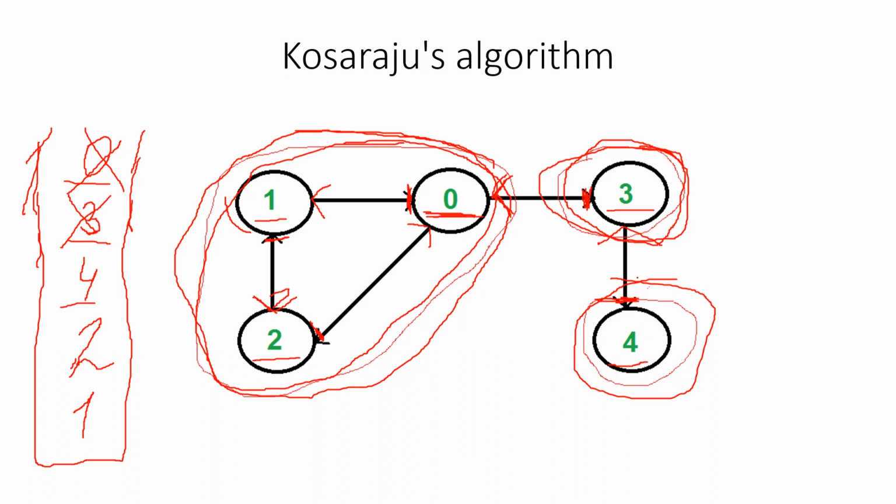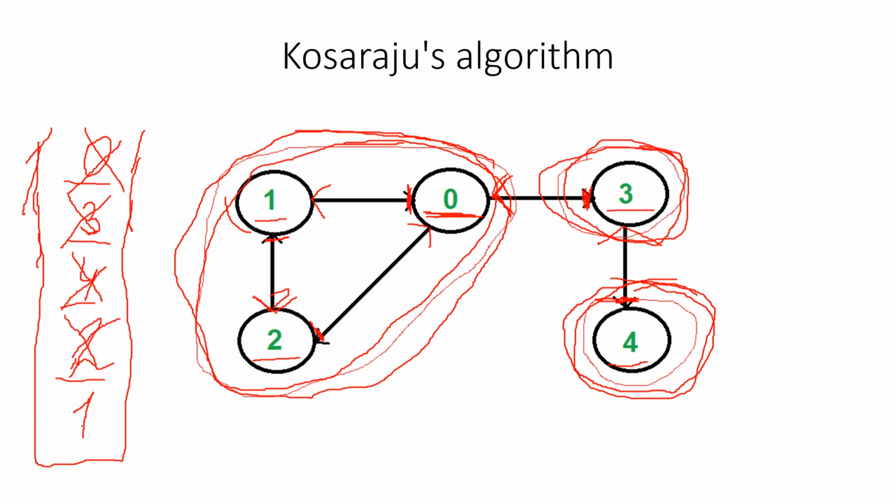From 4 there is only one outgoing edge that goes to 3, but we already discovered 3, and there are no other neighboring elements for 4, so we are done with exploring 4, and so 4 is itself a strongly connected component. So we remove 4 from the stack. Then on the stack we have 2, but we already discovered 2, right? So we just remove 2 from the stack.